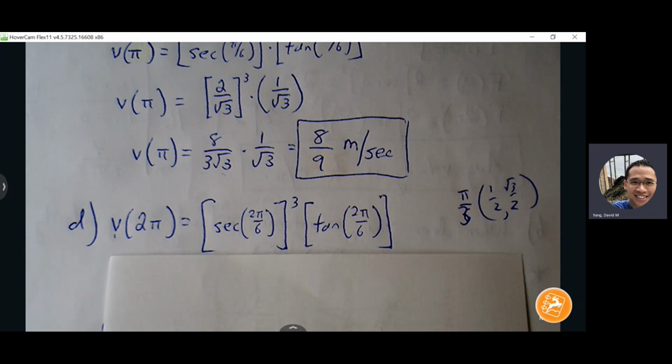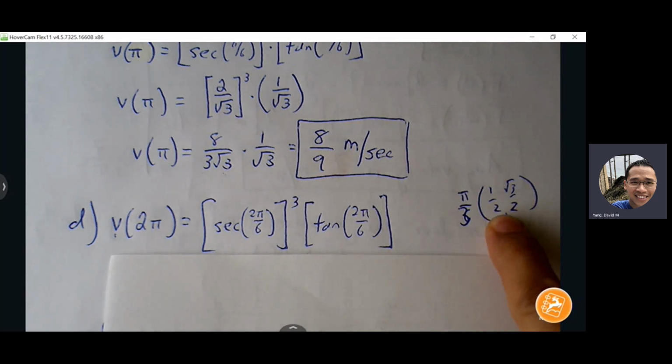Two pi over 6, the same thing as pi over 3. Secant of pi over 3 is the reciprocal of cosine of pi over 3. We know cosine is 1/2, so secant must be 2 over 1. And tangent of pi over 3 is just root 3 over 1 or root 3.